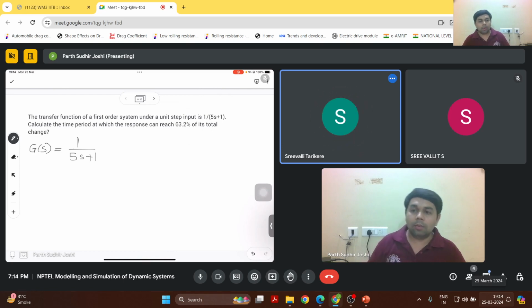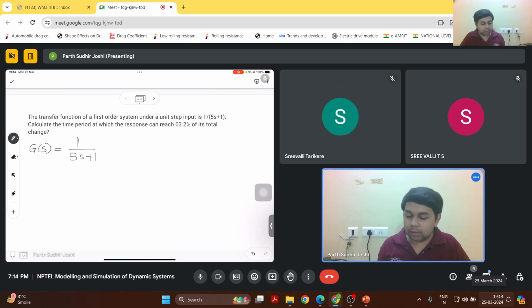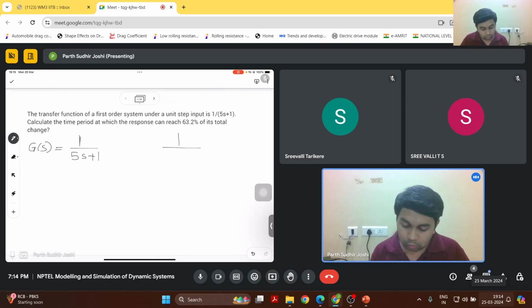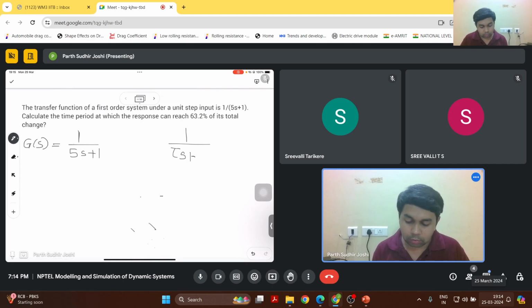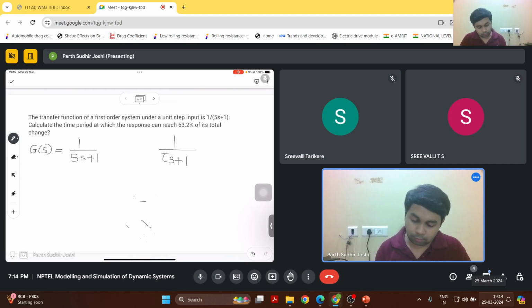Okay, fine. So basically, this is the transfer function for a first order system, and the general transfer function for a first order system we can write as 1 upon tau s plus 1, where tau is our time constant.